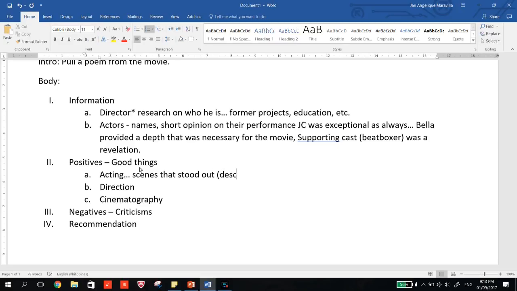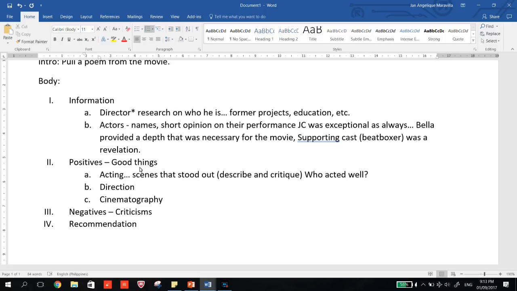Okay? Describe and critique. Describe mo, tapos tsaka mo siya sabihin ano yung nagustuhan mo about it, ano yung pwedeng pang onting improvement, ganyan. So, maganda yung mga scenes. Sino yon? Who acted well? Yan. Kung meron ka mga na-remember na lines, pwede mong ilagay doon.